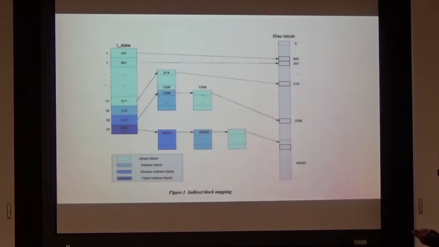For accessing any particular block, we need to first access the inode, and then from there do one disk access, and then another disk access, and then get the exact data that was requested. So it's kind of an overhead.